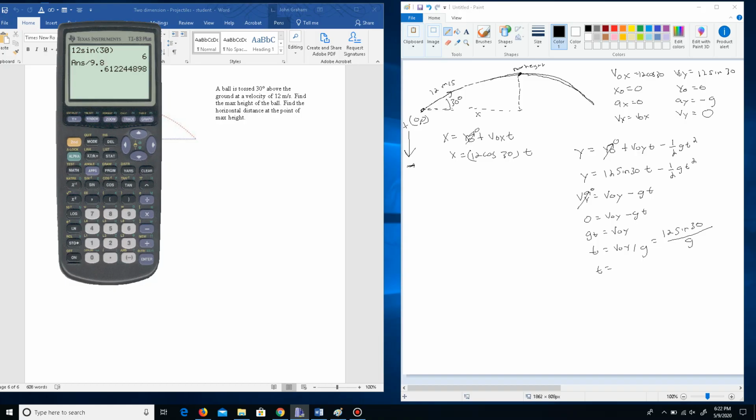Time is 0.61. And so x is going to be equal to 12 cosine 30 times 0.61. So we'll just multiply this by 12 and multiply this by cosine 30.